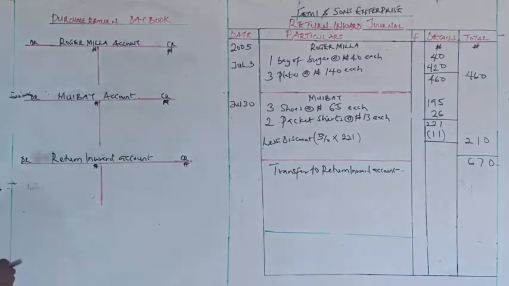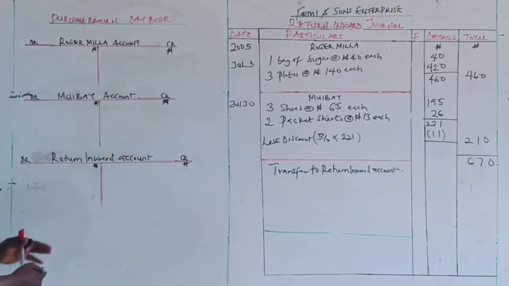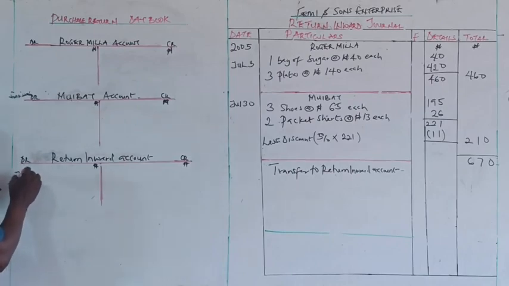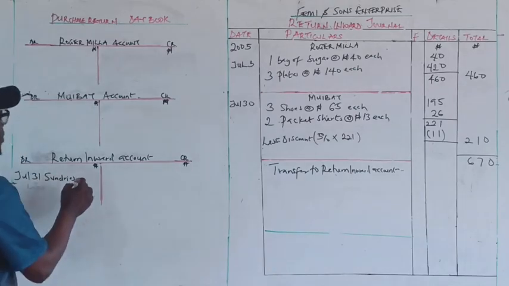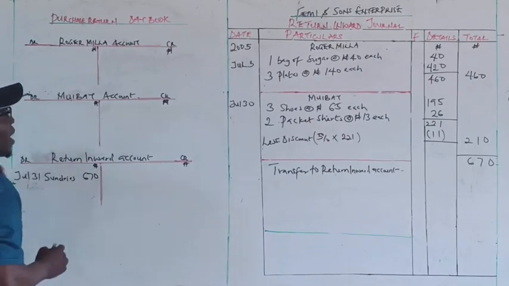So here, we are going to debit the Return Inward account to complete the double entry system. We have July 31st, sundries, and we are putting a total of 670 naira.